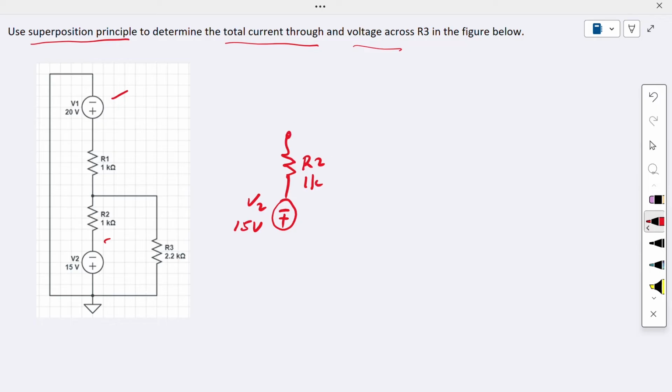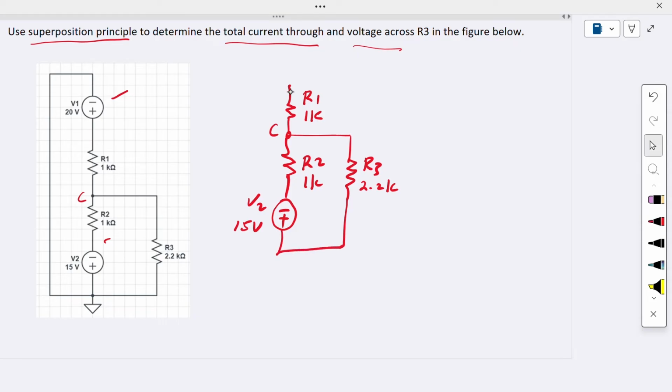At this junction, let's denote this as junction node C. Now going up, this is R1, 1K. And now it splits into two. This is our R3, 2.2K, and then it's flowing down.